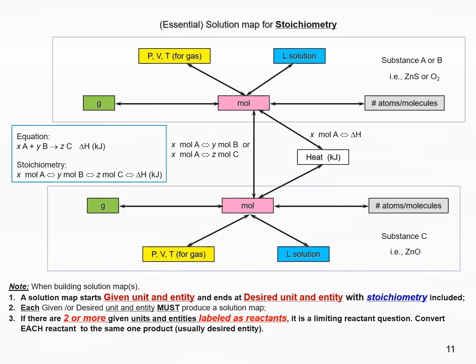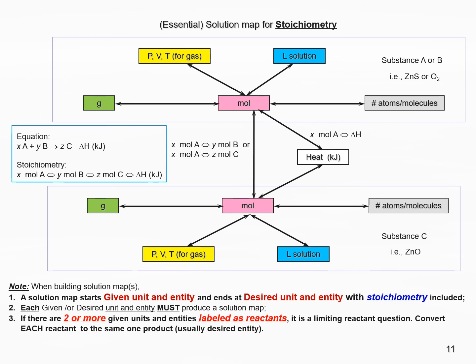If there are 2 or more given units in the entity labeled as a reactant, it is a limiting reactant question. Our strategy is to convert each reactant to the same one product, usually the desired entity, for example zinc oxide. So what is this solution map going to look like?